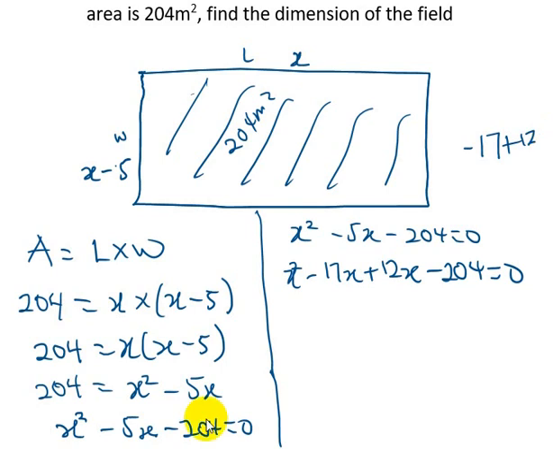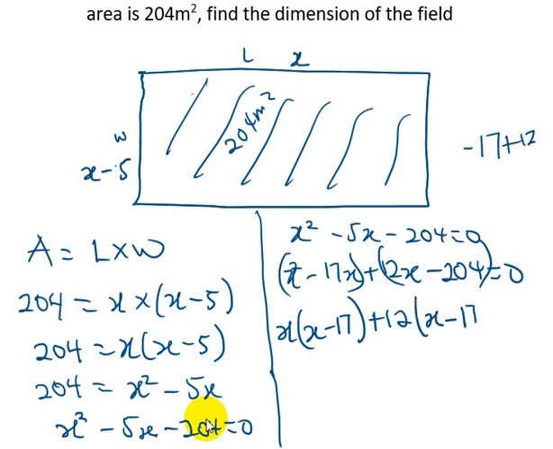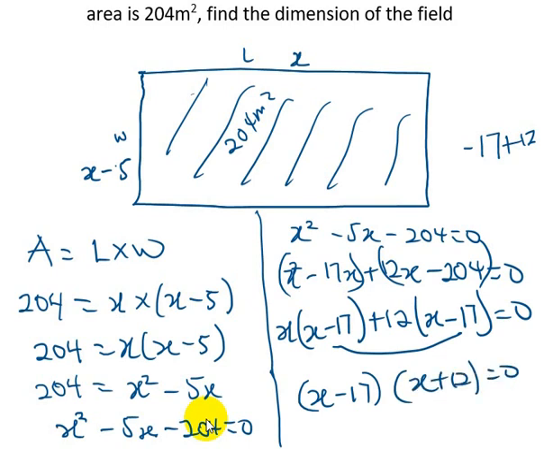From there, we will group this one and group this one. We can bring x out from the first bracket and we're left with x minus 17. Also we'll bring 12 out from the second one and we get x minus 17 equal to 0. So this and this are the same, so I will just write one, and the second bracket will be x plus 12 equal to 0.